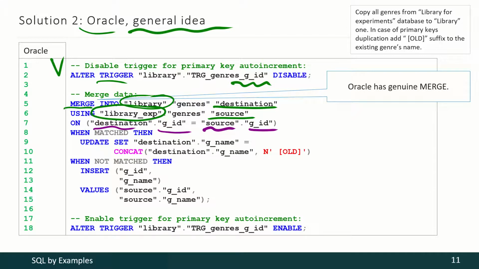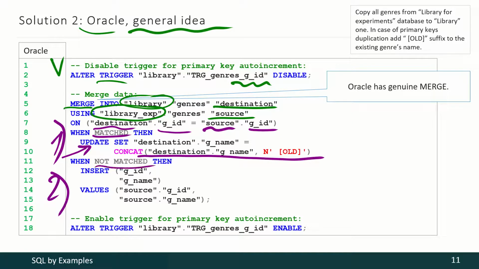And we have two situations here. When these values match, the DBMS has to update the destination data. When these values do not match, the DBMS has to insert the data from the source database to the destination one. And then we only have to enable that trigger that produces new values for our auto-incremented primary key.